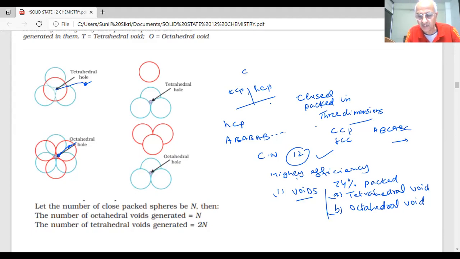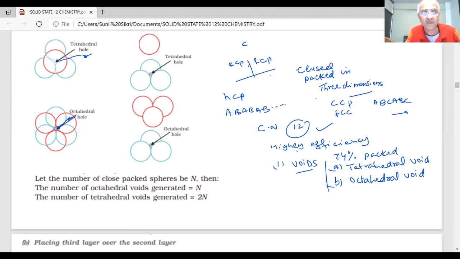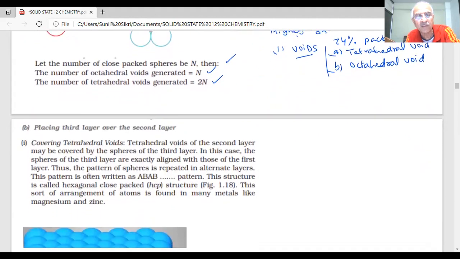Now, it has been calculated that if the number of packed spheres is n, then the number of octahedral voids generated is n, and the number of tetrahedral voids generated is 2n. This we already know, students.